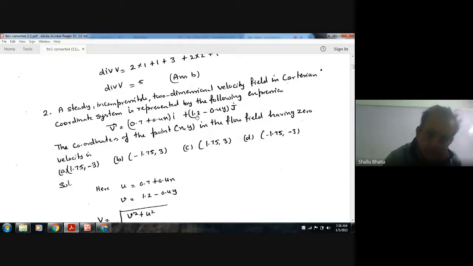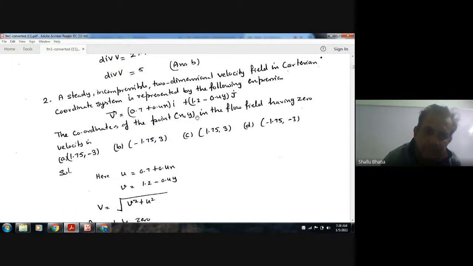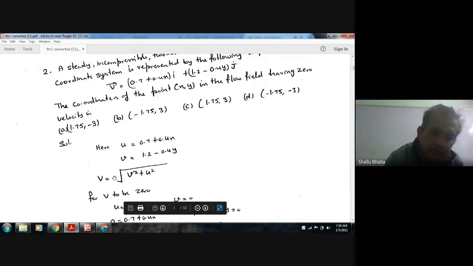Okay. Now, as the flow is incompressible, we have to find the point x, y where the flow field has zero velocity. So you get u is this quantity, and v is this. Now total velocity is just v square plus u square.